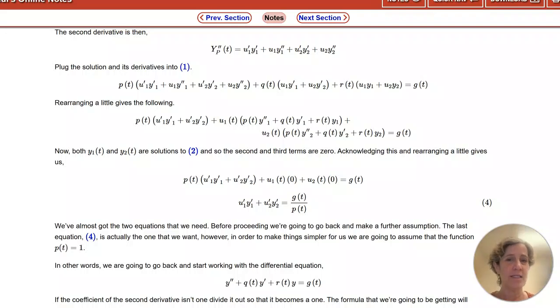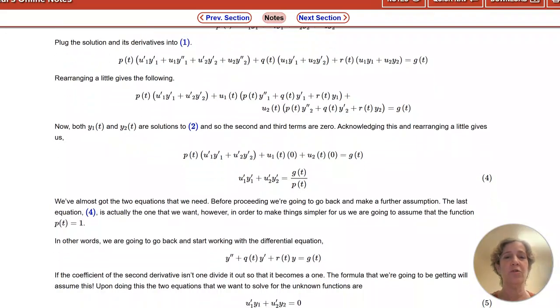So therefore, I can zero out the parts that are 0, and it simplifies to be p of t, u1 prime y1 prime plus u2 prime y2 prime, plus u1 times 0, because that was a solution to the homogeneous equation, plus u2 times 0, because that part is a solution to the homogeneous equation, equals g of t.